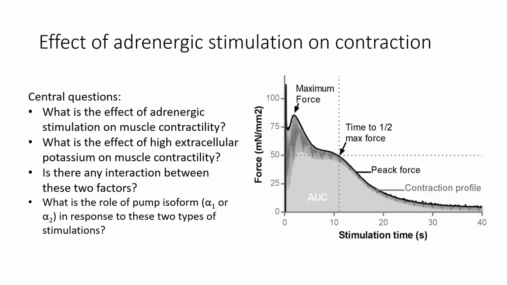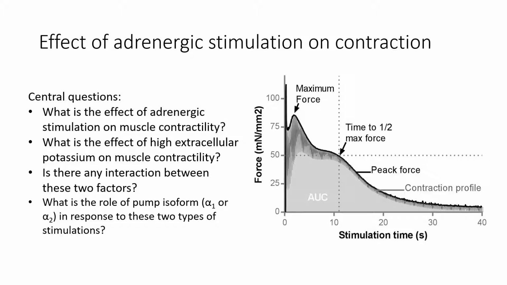The central question in this experiment was: what is the effect of adrenergic stimulation on muscle contractility? And what is the effect of high extracellular potassium on muscle contractility? Is there any interaction between these two factors, adrenergic stimulation and high potassium?